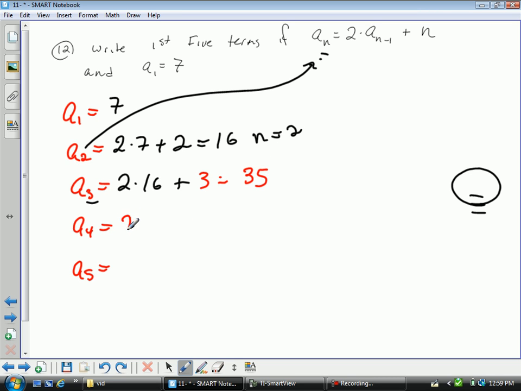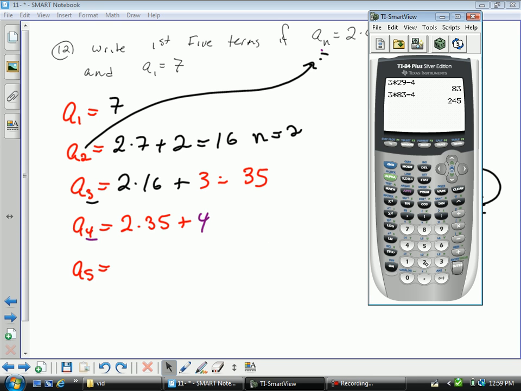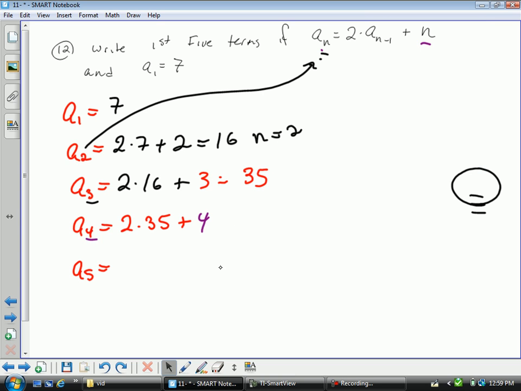Now, for the next one, it's going to be 2 times 35 plus 4, because it's this one. That gives 74. Then 2 times 74 plus 5. Just have to keep mindful that this and this are the same thing.